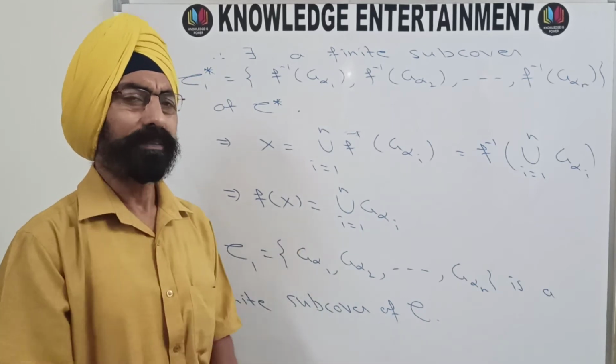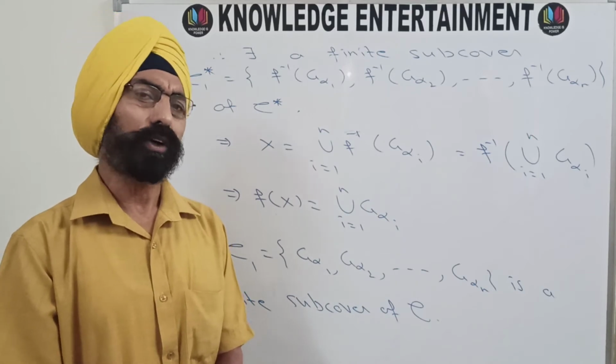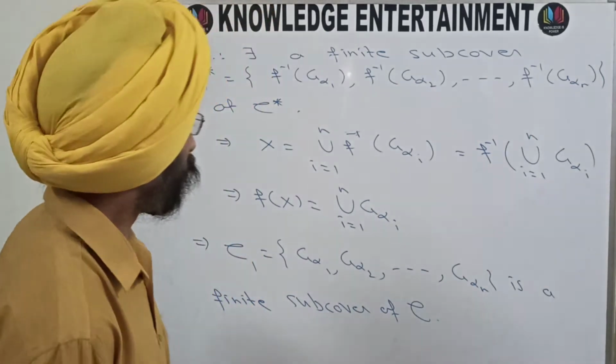So we have proved that the continuous image of a compact set is always compact.